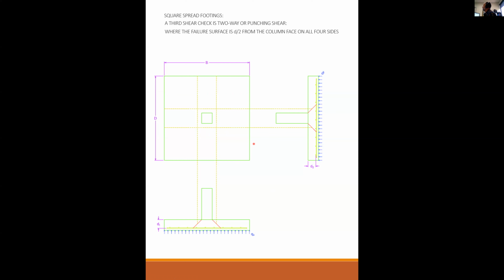The failure surface is D/2 from the column face on all 4 sides. So one-way shear, you check it at D from the face. Two-way shear or punching shear, you check it at D/2 from the face. That's a key difference.